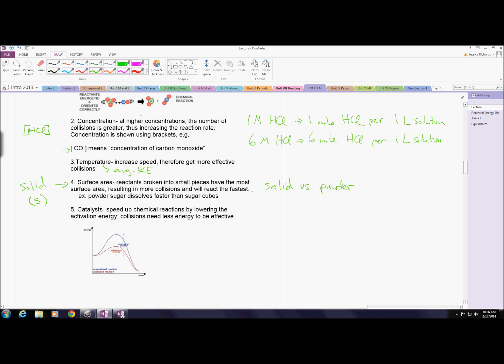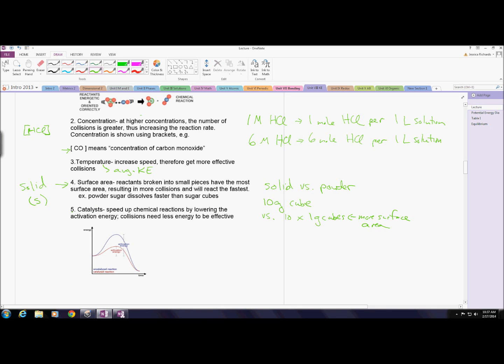So the greater the surface area, the greater the reaction rate. One of the things that they'll say is if you have a 10-gram cube versus 10 1-gram cubes, you have the same amount of reactant, but the 1-gram cubes, because there are 10 of them, will have more surface area and will react faster.